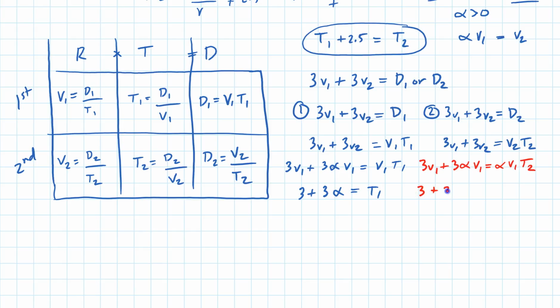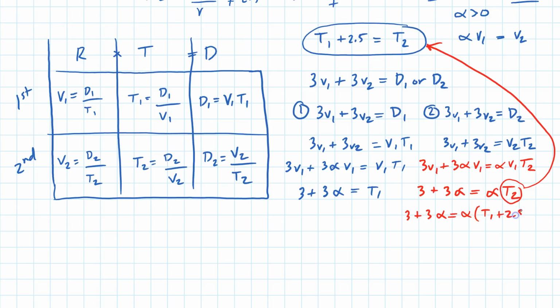So 3 plus 3 alpha equals alpha t2. Now what I did, I substituted right here. So this is 3 plus 3 alpha equals alpha times t1 plus 2.5.